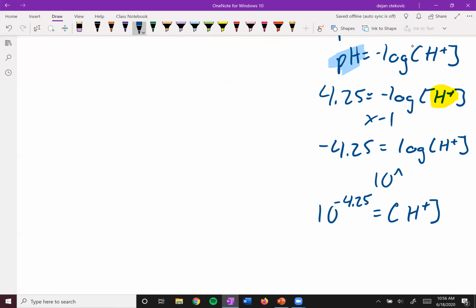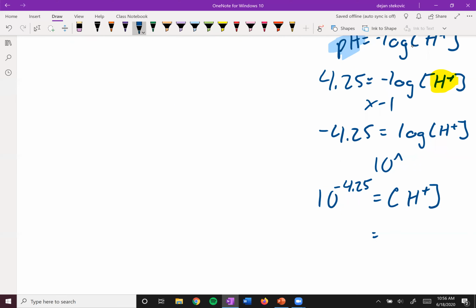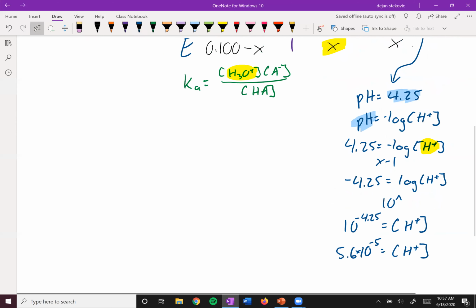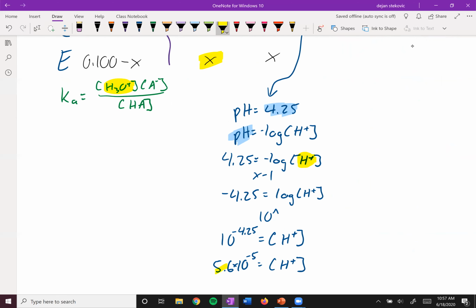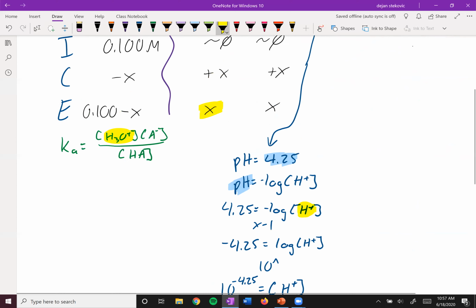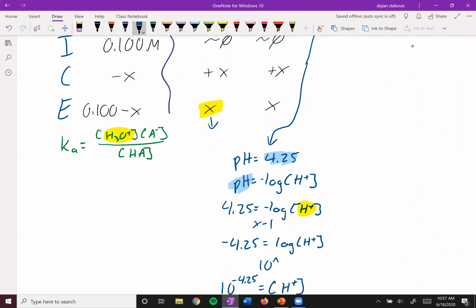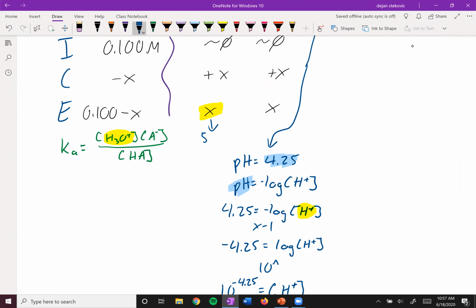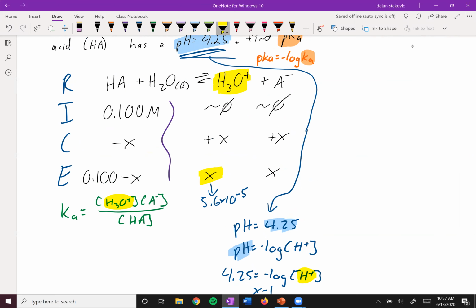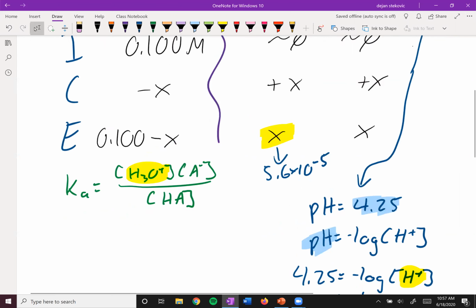So we'll have the concentration of H plus equal to 10 to the negative 4.25, which you go ahead, plug into your calculator, and you'll get 5.6 times 10 to the negative 5, right? And so now we can take this numerical value and say, hey, now we know what our x is, because what we calculated was the concentration of H plus, and the concentration of H plus is equal to x.